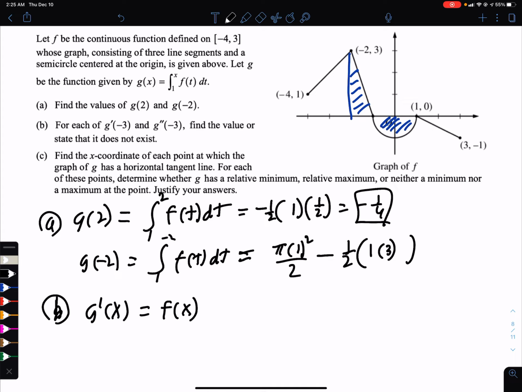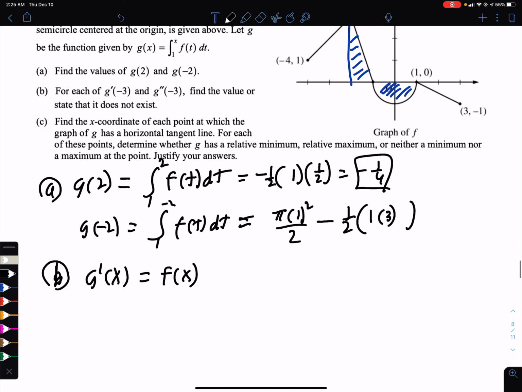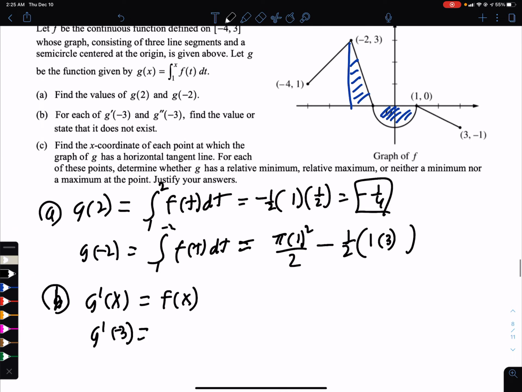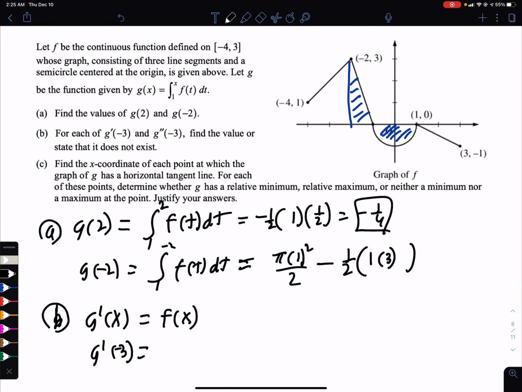That is g prime. Crazy, huh? So if that's the case, what's going to be g prime at negative 3? Well, it's going to just be f at negative 3.